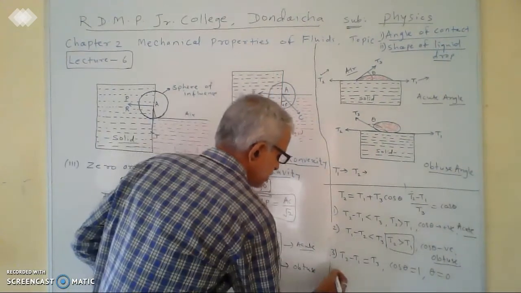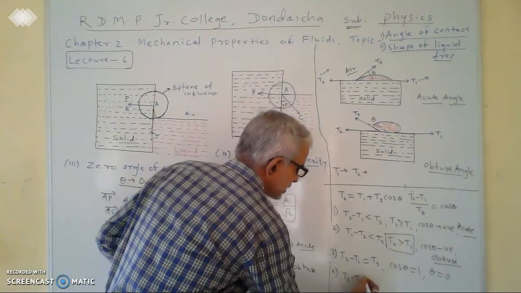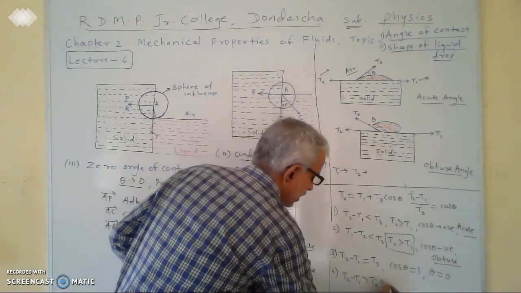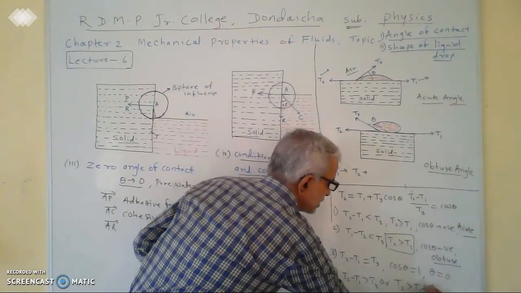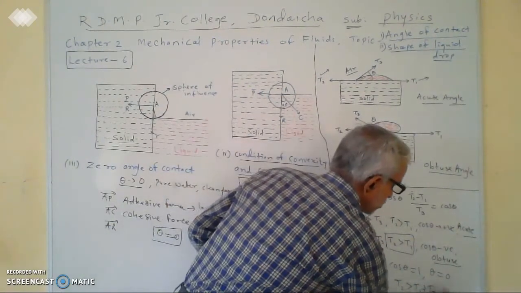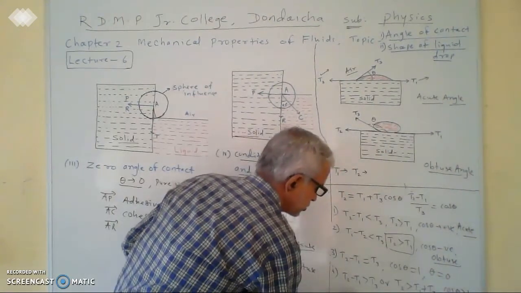आणि फोर्थ कंडिशन आहे की जर T2 minus T1 greater than T3 असेल किंवा T2 greater than T1 plus T3 असेल तर cos theta ची किंमत greater than 1 असेल and this is not possible.